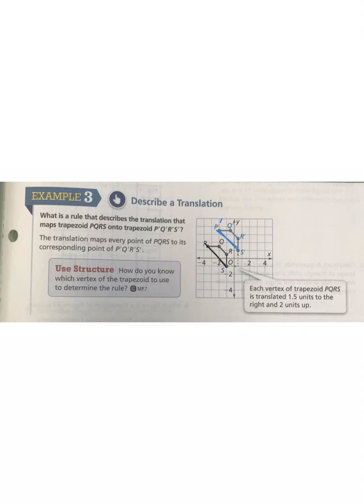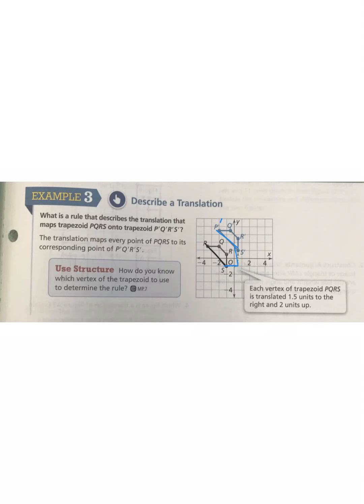So the question here is, let's describe what happened. So I always say kind of pick a point. How do I go from S to S prime? We notice that we're going to go 1.5 units to the right. Don't say over. Give me specific directions. Over could mean to the left. So we go 1.5 units to the right, and we go 2 units up.